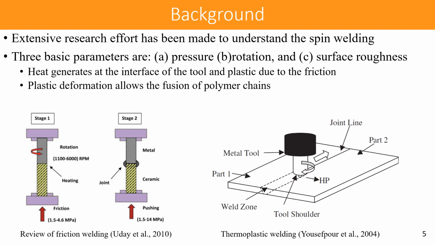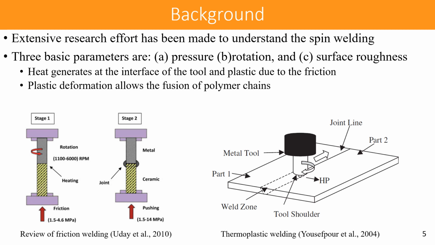You can see the tool is rotating with a certain rotational velocity, and then you have two different, dissimilar material parts. Due to the rotation, it generates heat at the interface, and friction is the main thing here. Due to that heat generation and the deformation of the material, part 1 and part 2 are fused together.